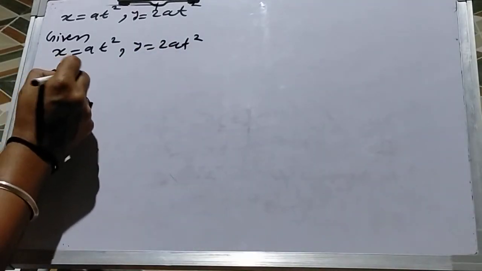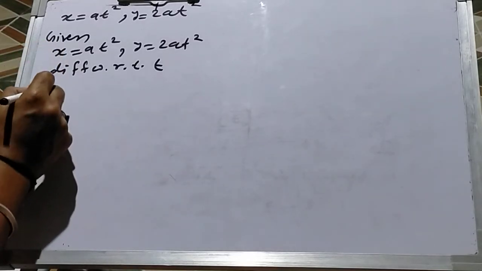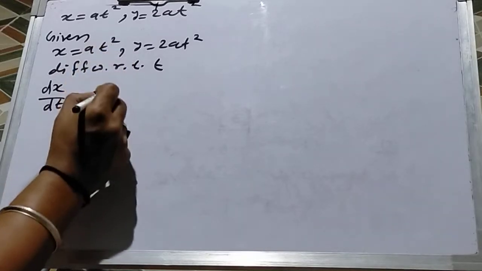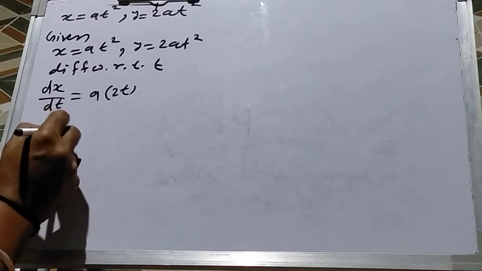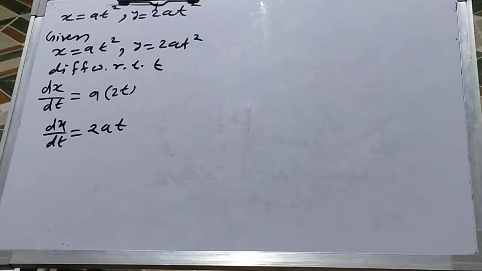Now differentiate with respect to t. Here the parameter is t, so we differentiate x and y with respect to t. The derivative of x is dx by dt equals a times the derivative of t square, which is twice of t. So dx by dt equals twice of a t.